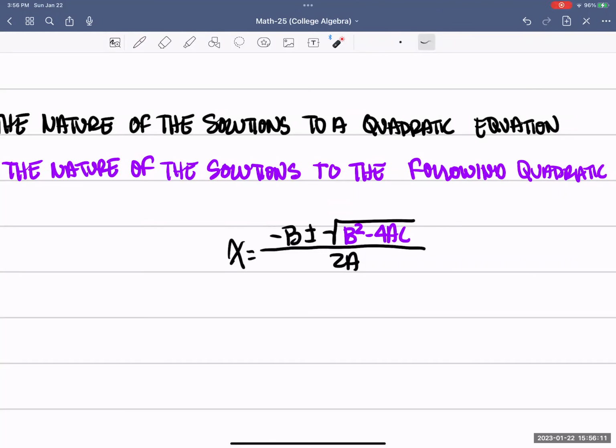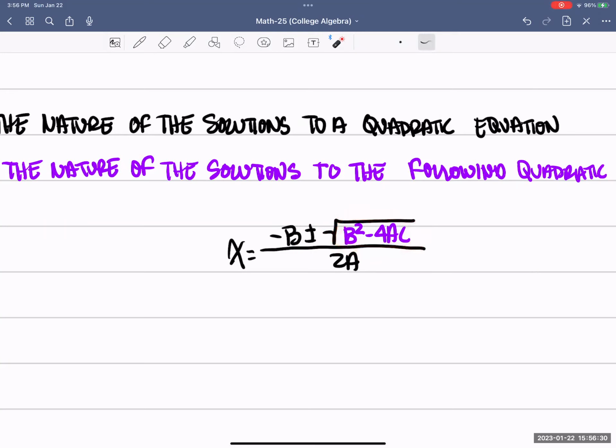There's only one other scenario, and that's if this part is equal to 0. If it's equal to 0, then we just have one solution because we no longer have this plus or minus part. So those are the three possibilities when we plug our quadratic function into this part of the equation.